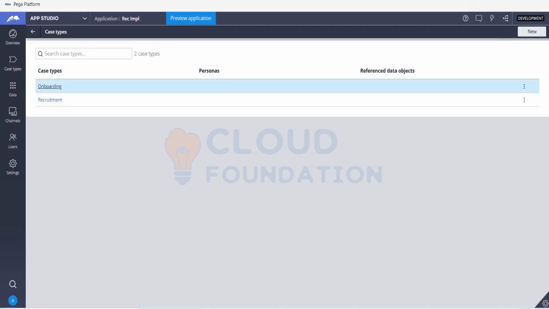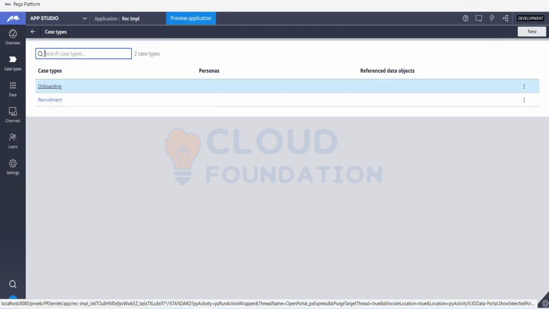Probably one last thing that we would be looking at today is case approvals. Earlier we spoke about routing, as in who works on the transaction or who is responsible. But sometimes approvals are important.